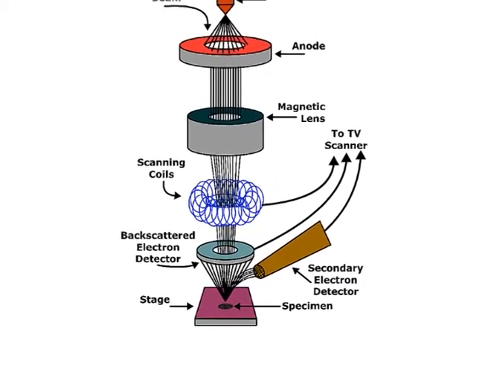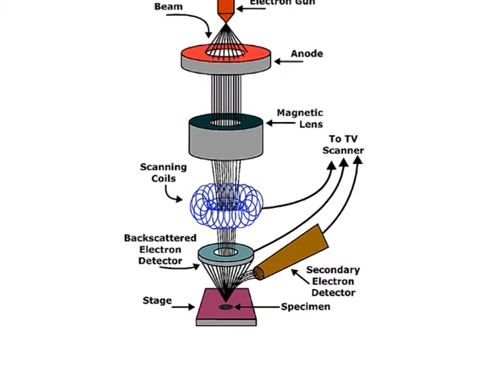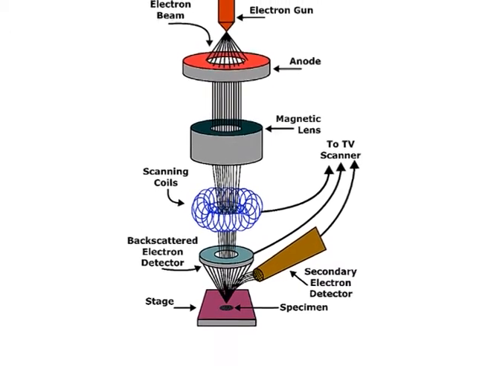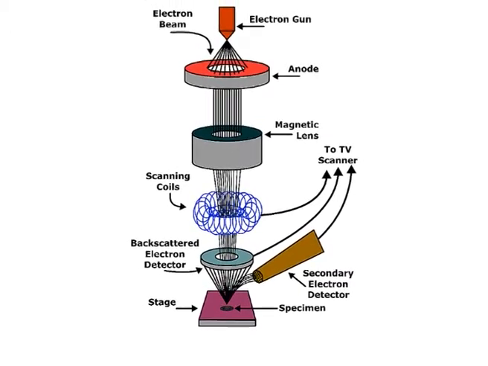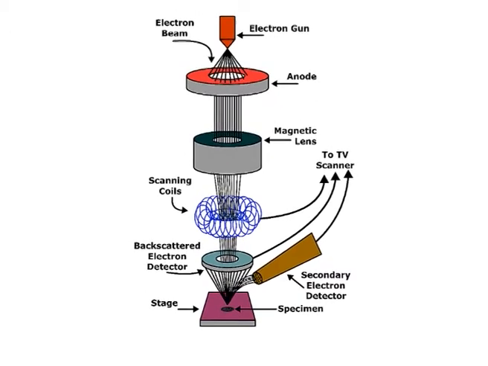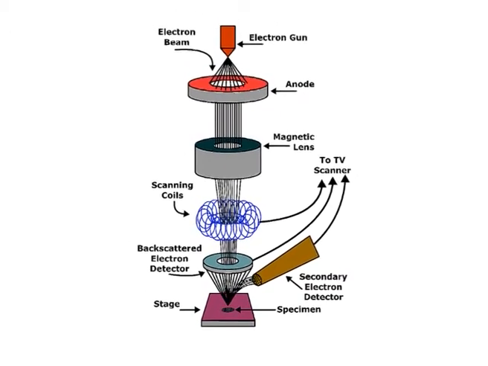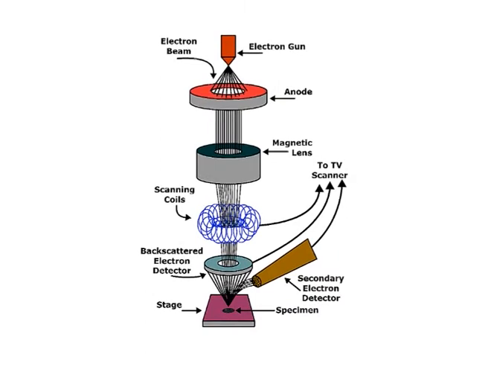The beam now passes through pairs of scanning coils located near the end of the column, which deflect the beam in the x and y axes to perform a scan over the sample surface. The signals generated as a result of these interactions, in the form of SEs or BSEs, are detected for each position in the scanned area by an electron detector.